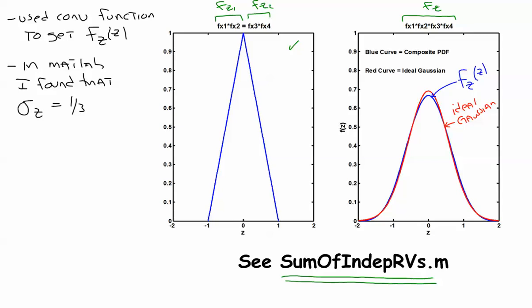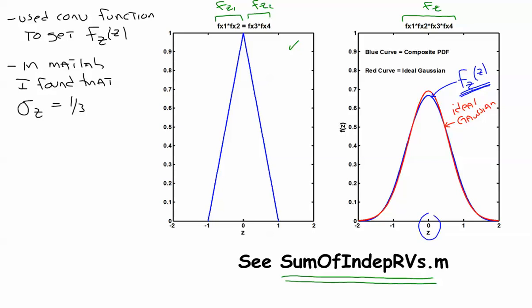A few lectures back, I showed you how to write some MATLAB code to find the standard deviation for probability density functions that you were modeling numerically. So I found in MATLAB that the standard deviation for this is a third. And you'll notice over here that it's always zero mean.